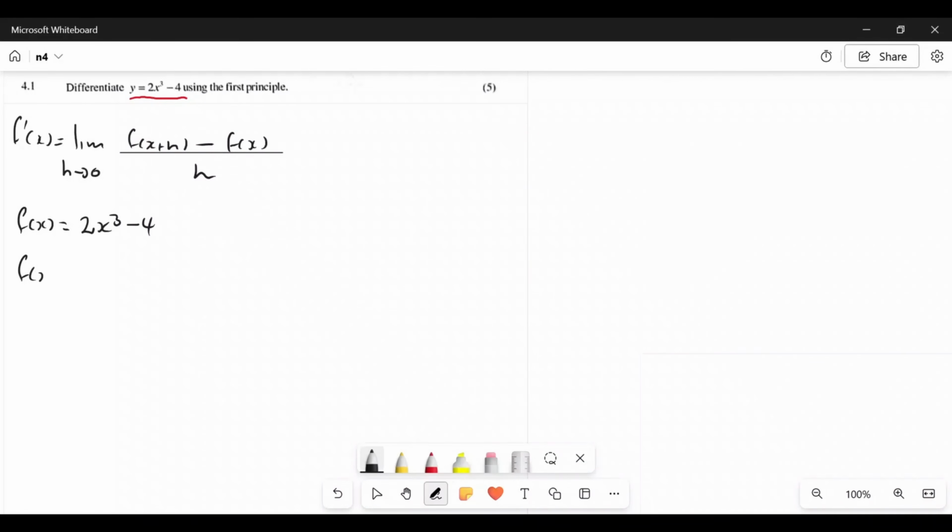So f of x plus h is equal to 2. Wherever there is x, we have to substitute x plus h. So x plus h to the power of 3. Let's not forget this x has the power of 3 there. Minus 4. There we go. So this is how we're going to find our f of x plus h.